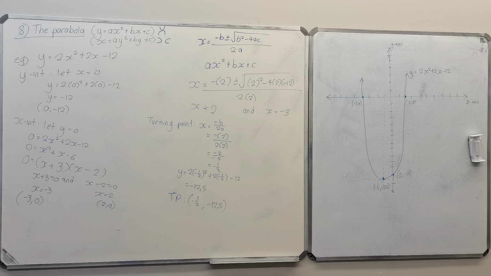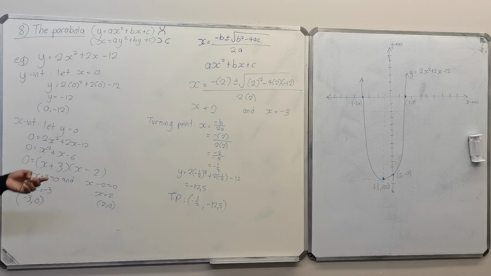For the ellipse, remember, you get 2 values for x, 2 values for y. The general formula is ax squared plus by squared is equal to c.